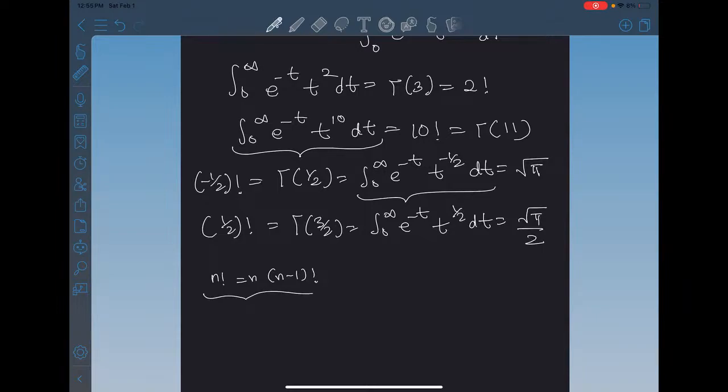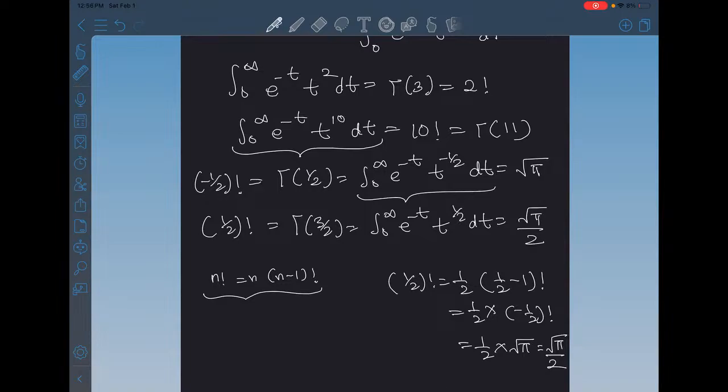So half factorial becomes half times negative half factorial, and negative half factorial is root pi, so that becomes root pi by 2.